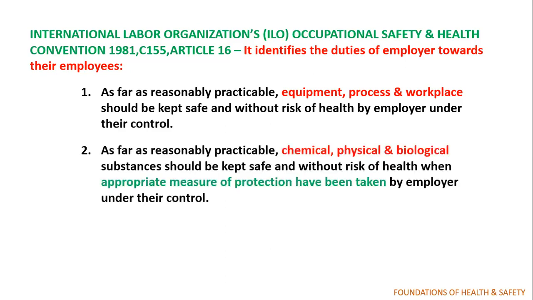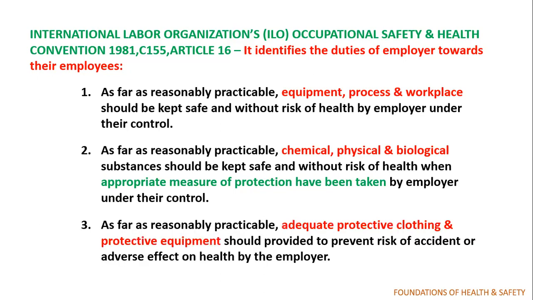Then the employer has to keep chemical, physical and biological substances in a safe way by providing appropriate protection measures. Then the employer has to provide workers and employees adequate protective clothing and protective equipment to prevent the risk of accident.